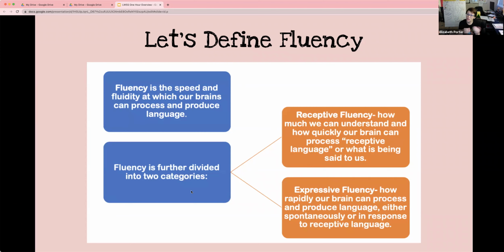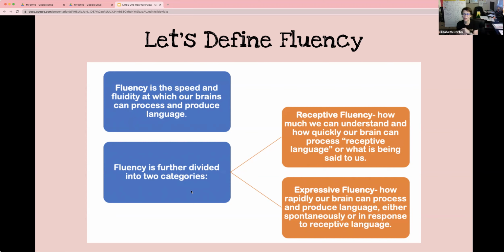We have receptive fluency: how much can we understand and how quickly our brains can process receptive language, or what is being said to us. And then we have expressive fluency: how rapidly our brains can process language and then produce language either spontaneously or in response to receptive language.